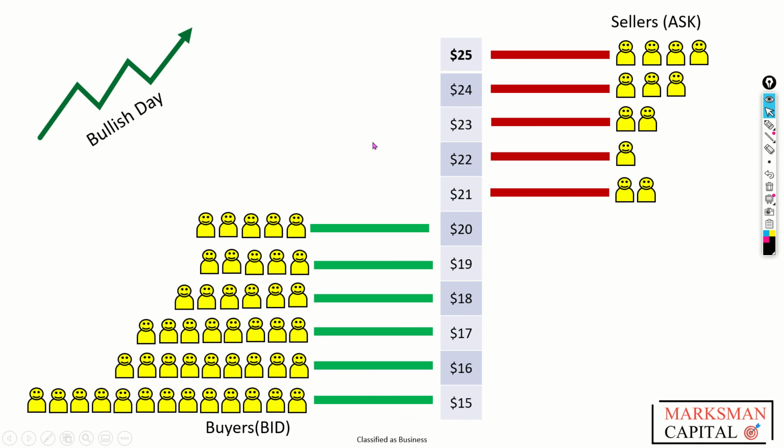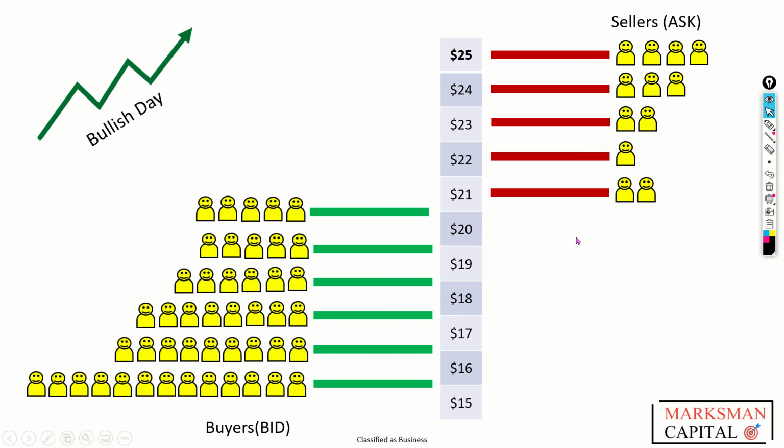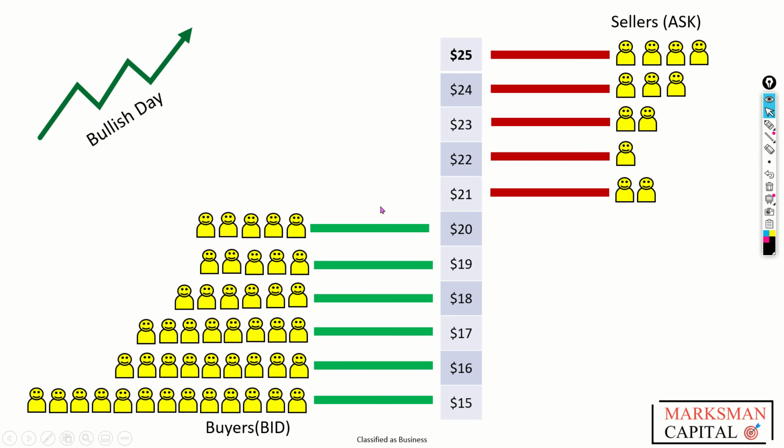So now let's say, for instance, what moves the price? A lot of people say it's supply and demand, but it is actually the quantity of buyers and sellers in the market. So let's say, for instance, in this example, what you will likely see on a bullish day is that when there are more buyers, after a certain amount of time, the buyers who waited for a long time will not all be buying at lower prices.